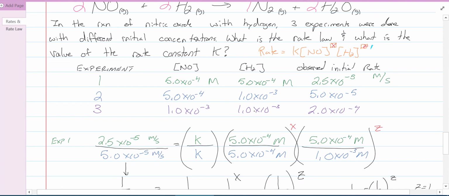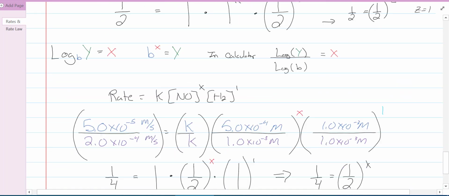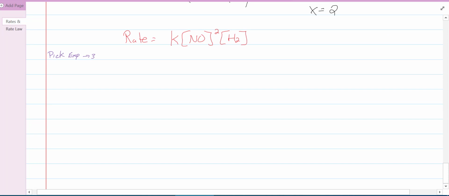What's 1 times 10 to the negative 3rd? Those are easy numbers, right? We like easier numbers. So the rate for experiment 3 is 2.0 times 10 to the negative 4 molarity per second equals K times concentration of NO squared, which is 1.0 times 10 to the negative 3 squared times 1.0 times 10 to the negative 3.